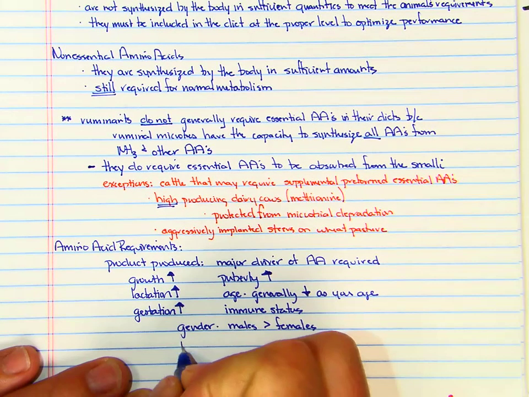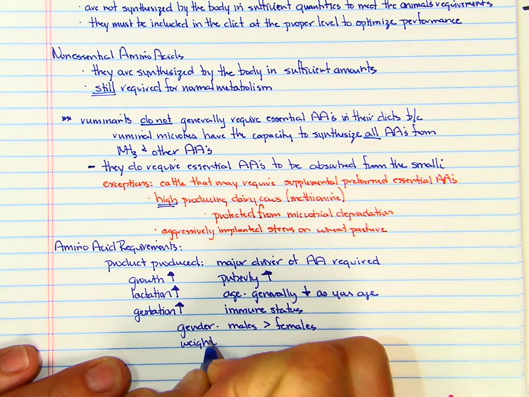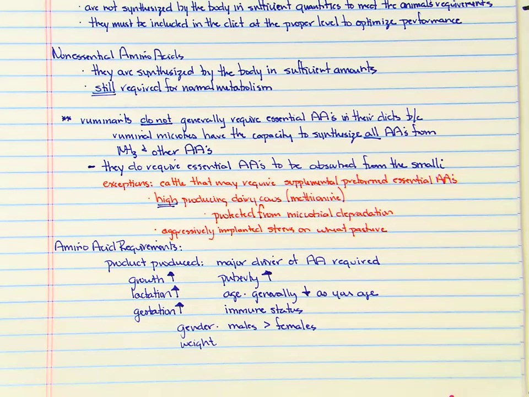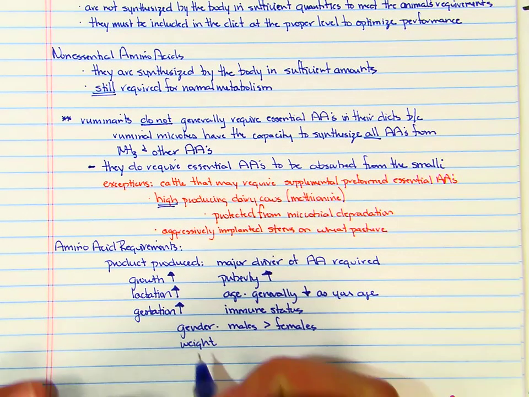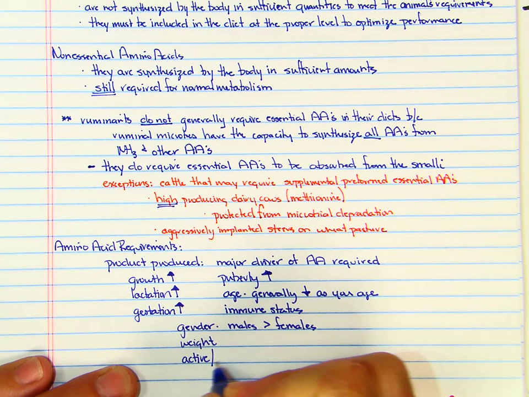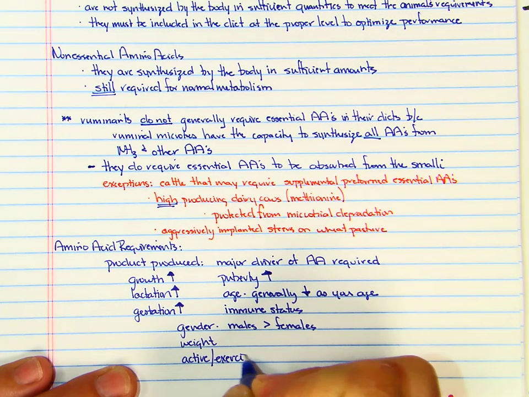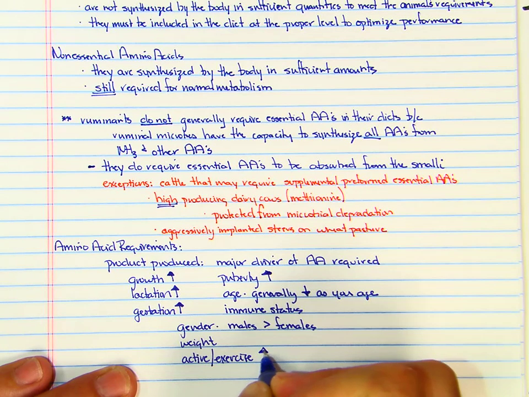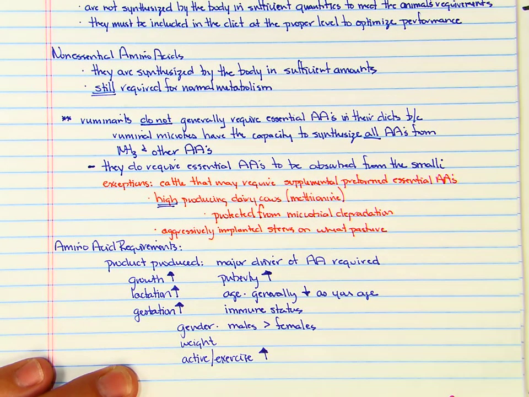Another big driver would be weight, how much you weigh. So the more you weigh, the more amino acids you're going to require for maintenance, and maintenance is basically just maintaining the tissues you have, the resynthesis of proteins. Proteins are always turning over in your body, so you need to make sure you provide enough amino acids for that turnover. If you choose to be active or exercise, that will increase amino acid requirements.